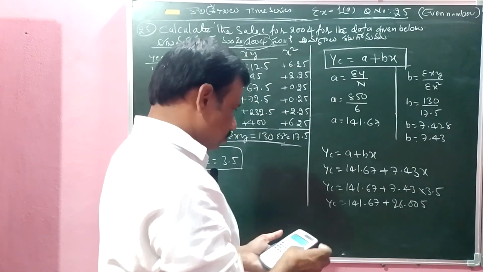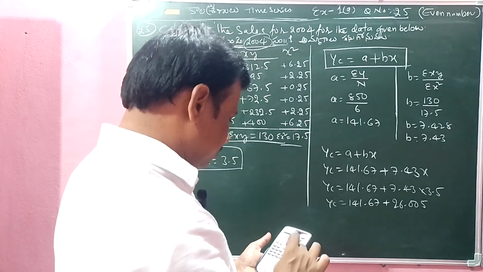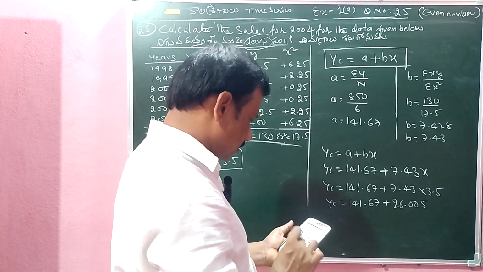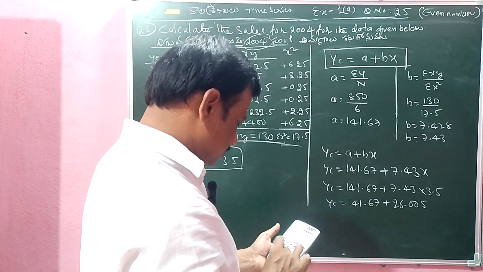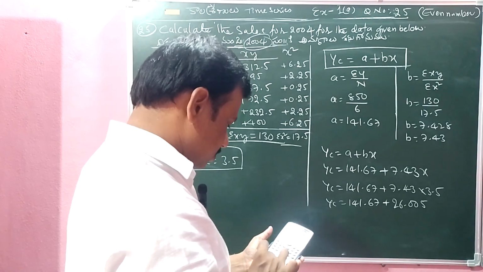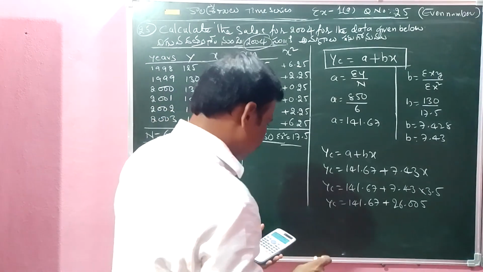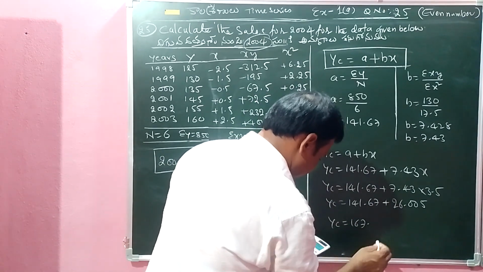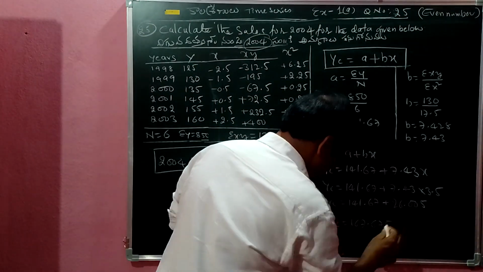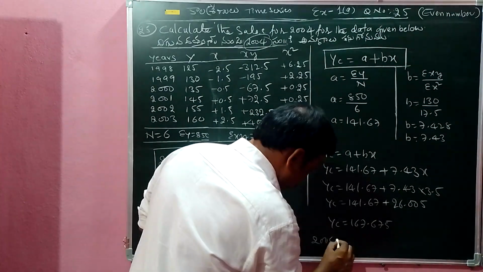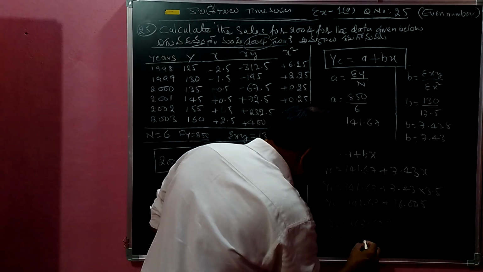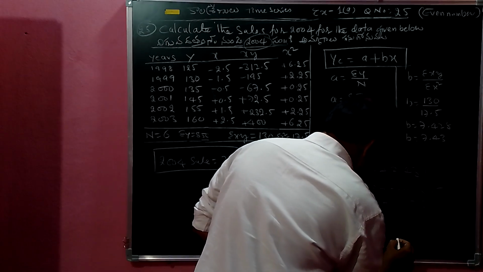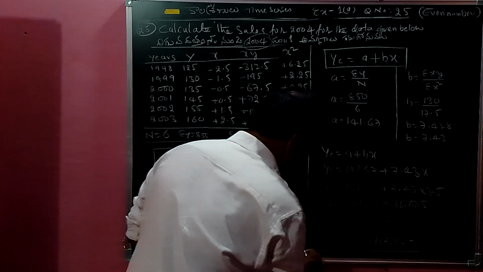So the total of these two is 141.67 plus 26.005, so YC equal to 167.675. So the 2004 sales equal to 167.675. Okay, so this is the answer.